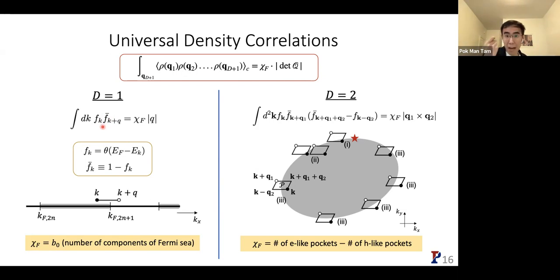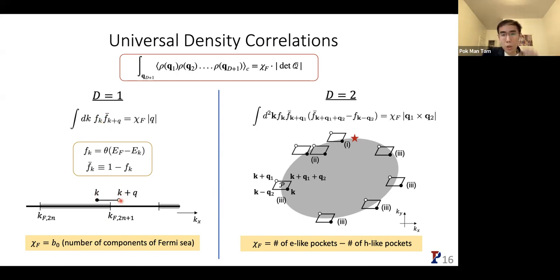Each Fermi distribution is evaluated at a point in momentum space. If this point k is inside the Fermi sea, then the Fermi distribution function f just gives you 1. And if k plus q, the point which you use to evaluate f bar, is outside the Fermi sea, then f bar will give you 1. In other situations, f times f bar will be 0. Okay, so I represent this integrand f times f bar as this little line interval in momentum space, and point k I'm going to label as a black dot, because this point k you use to evaluate f, the Fermi distribution for electrons.